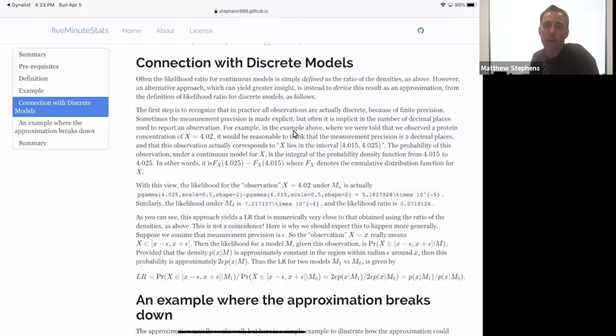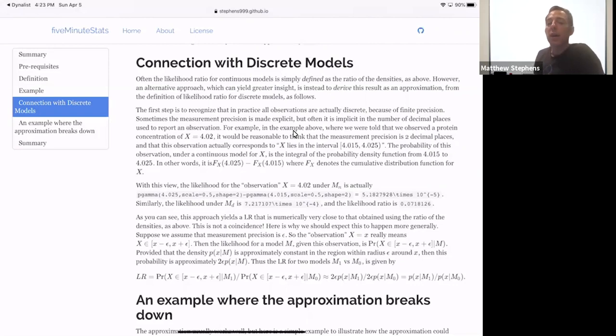If we knew more about the measurement precision, we could be more formal, but let's assume that the reason it was reported as 4.02 is because it lies somewhere between 4.015 and 4.025, and so to the nearest 2 decimal places, it's 4.02.